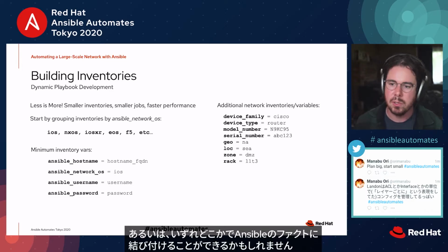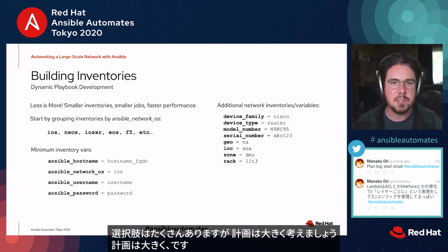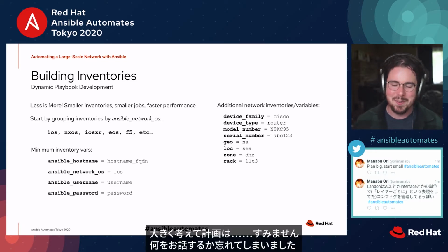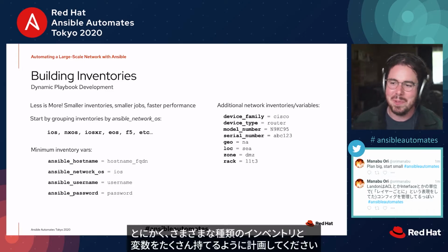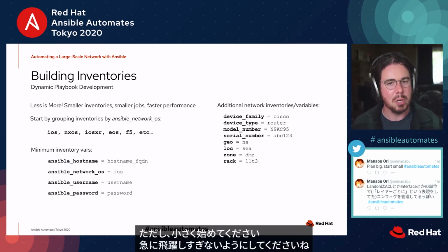There's a lot of options here. But again, think big, plan big. Anyway, plan for having a bunch of different types of inventories and variables, but do start small with them. Don't jump too far ahead.